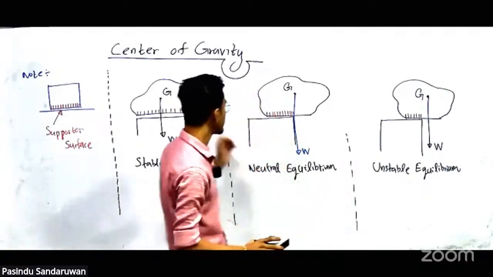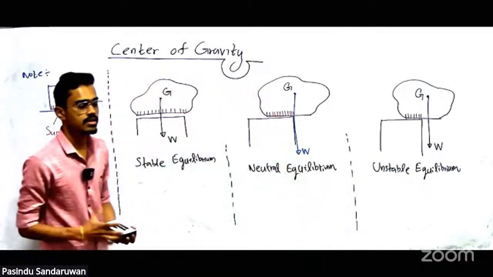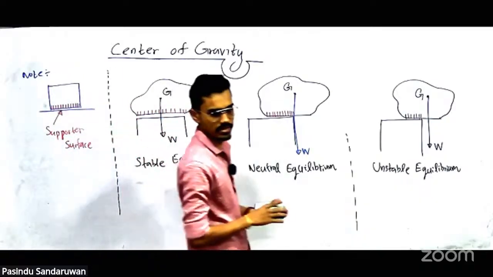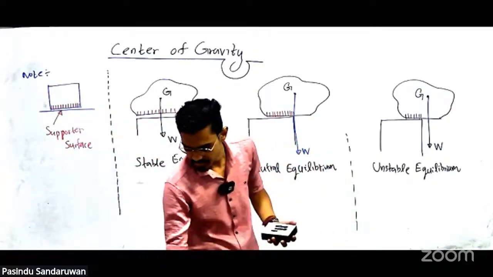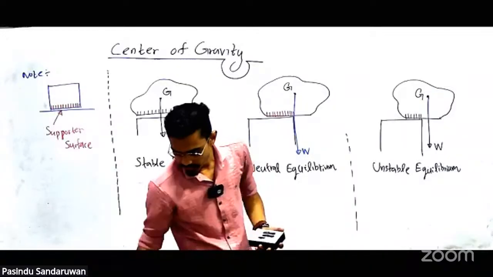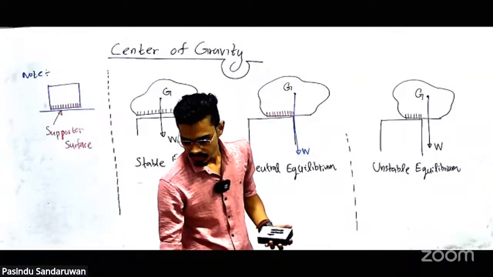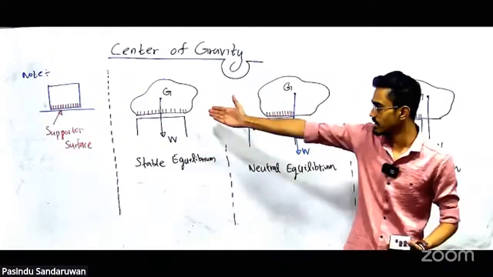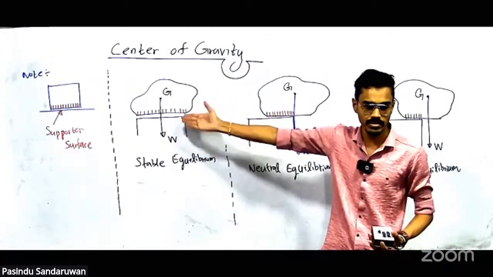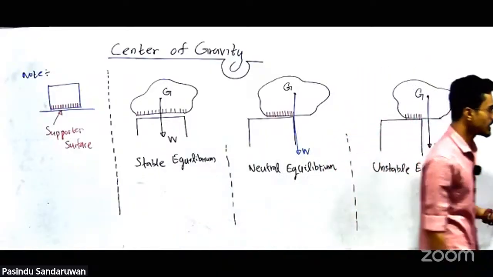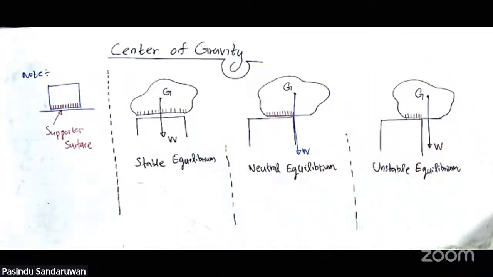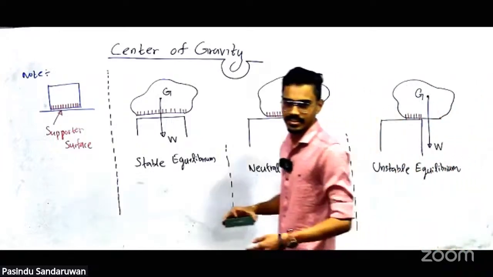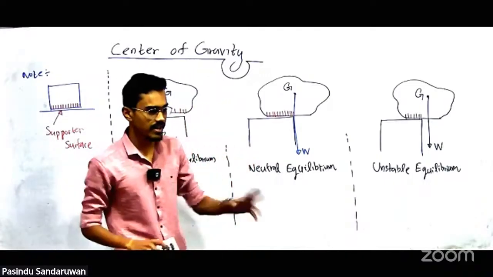How many stable equilibrium points are there for an object? Answer my question. For this object, how many points can it be in stable equilibrium? Infinity. There are an infinite number of points.